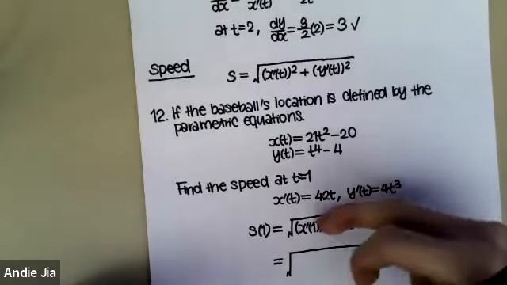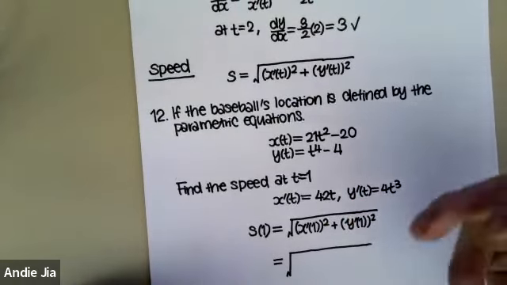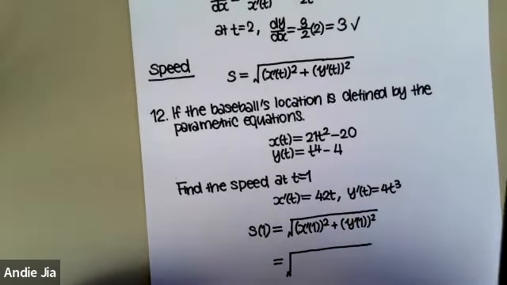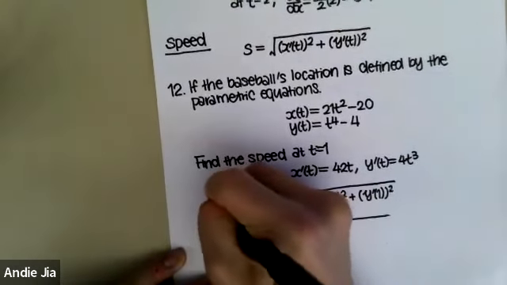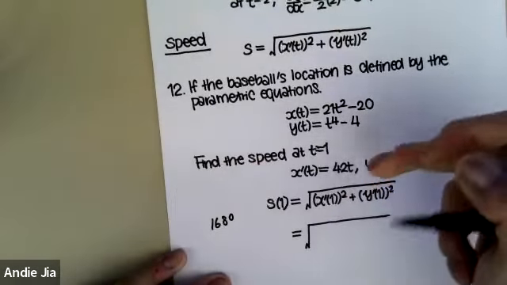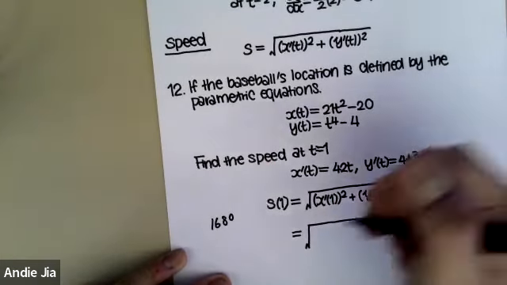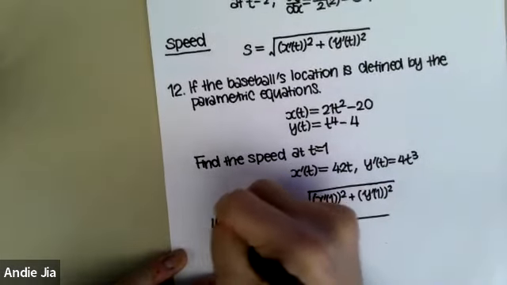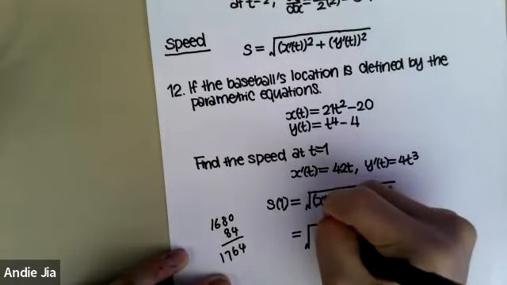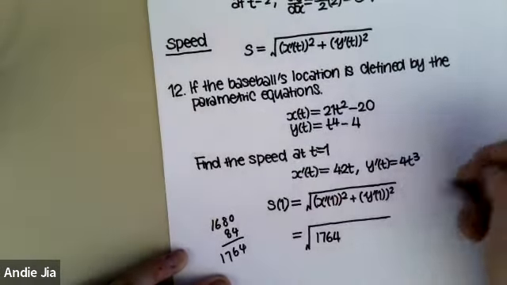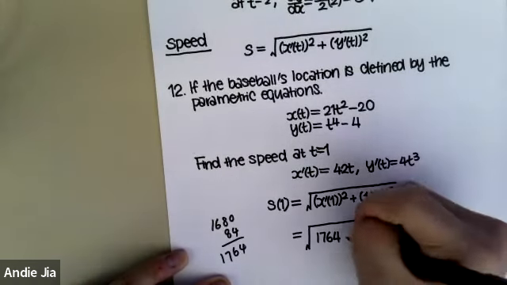Then you have 42 times 42 times 2, and we find y prime is going to be 4.